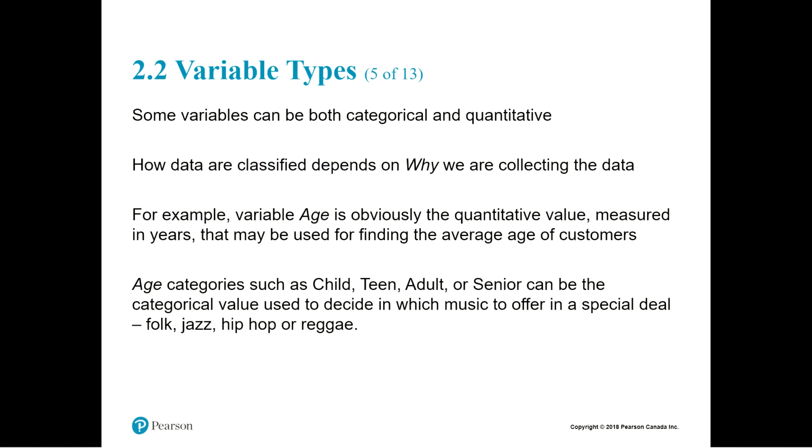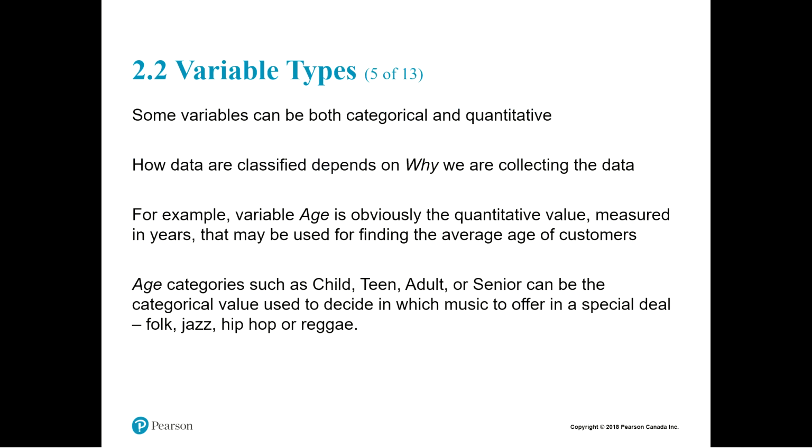Now, some variables can be both categorical and also quantitative. How data are classified depends on why we are collecting the data. It's always about why. For example, the variable age is obviously a quantitative value measured in years. That may be used for finding the average age of customers, right?